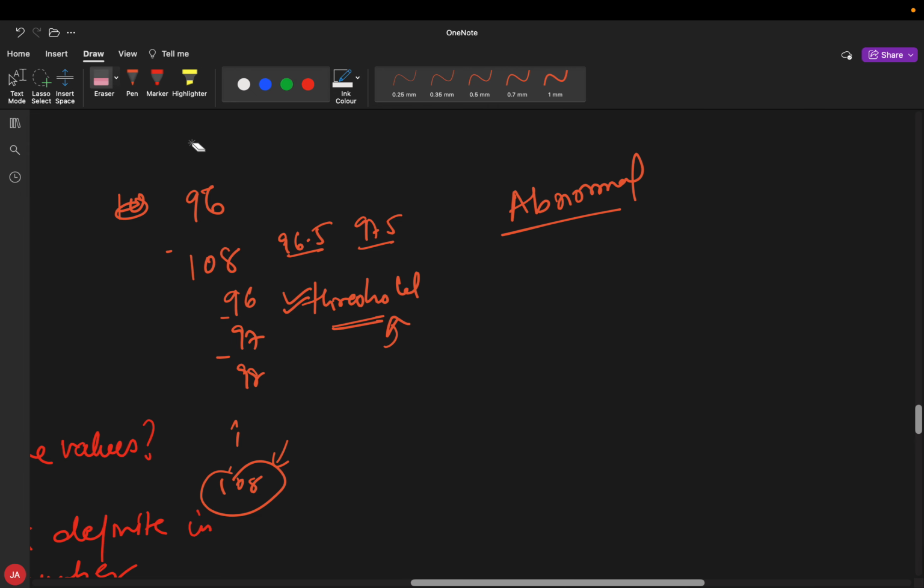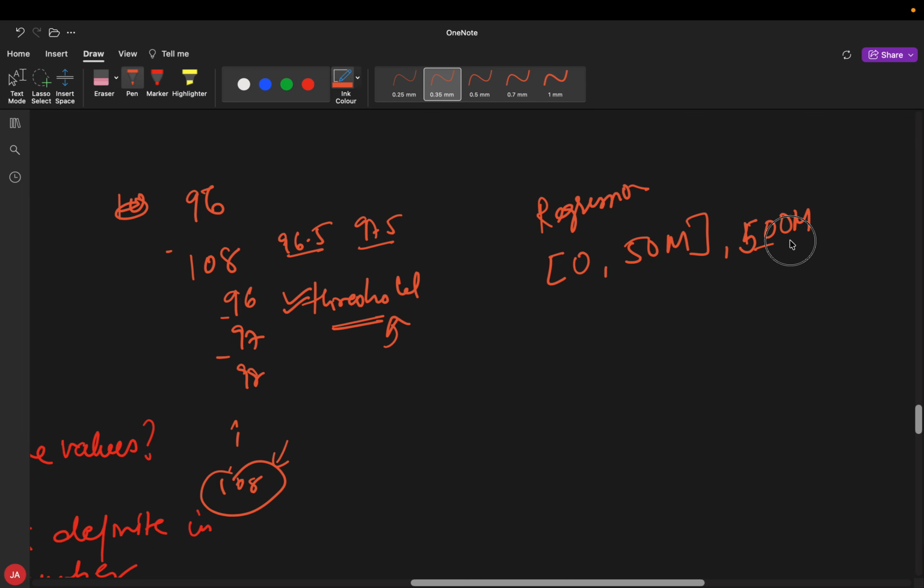Let's say here we have 2 classes, but when we are dealing with a regression problem, and regression problems have a high range, let's say 50 million, and I have an outlier of 500 million, my decision tree would be forming rules to isolate this outlier, which will result in overfitting, because the rules are not generalizable.